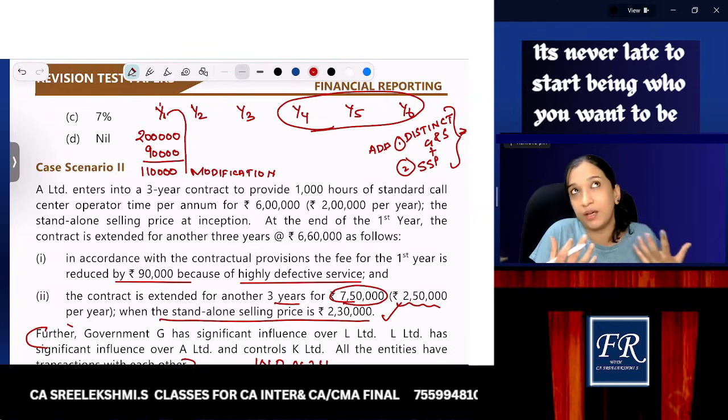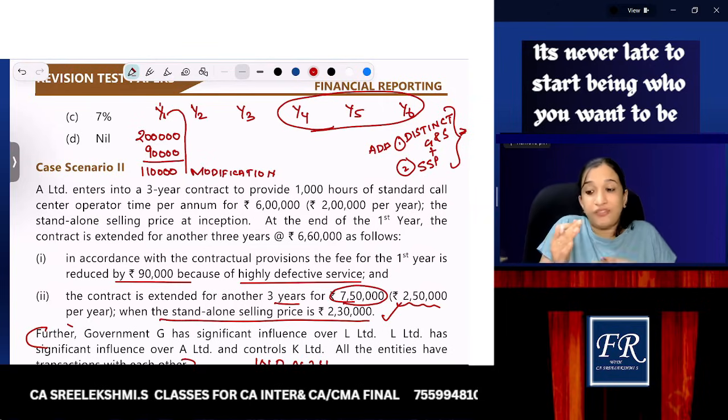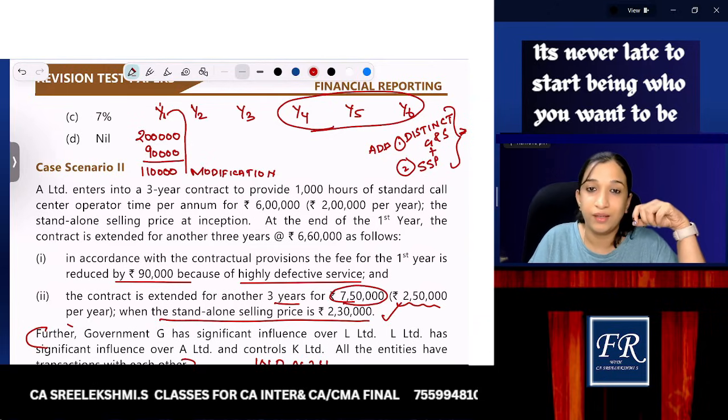That is the provision as per 115. If that fails, adjustment is to be made to the existing contract.